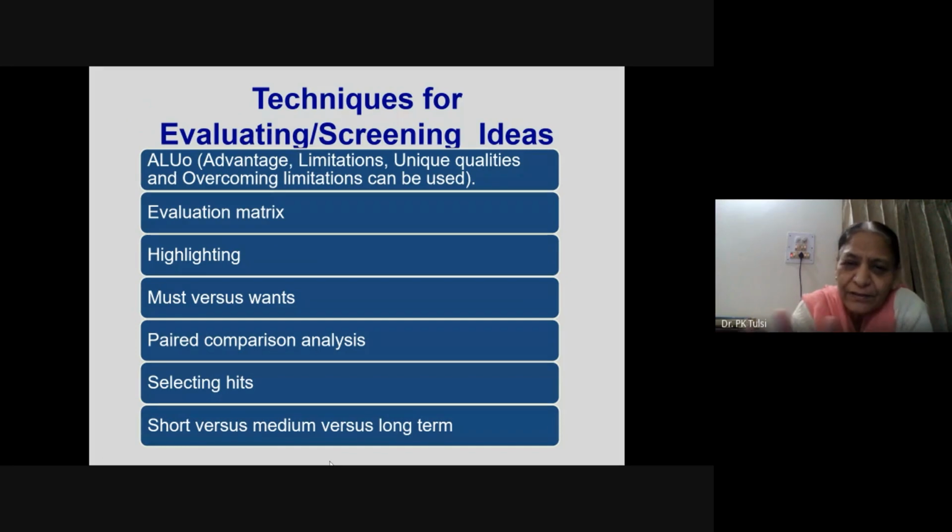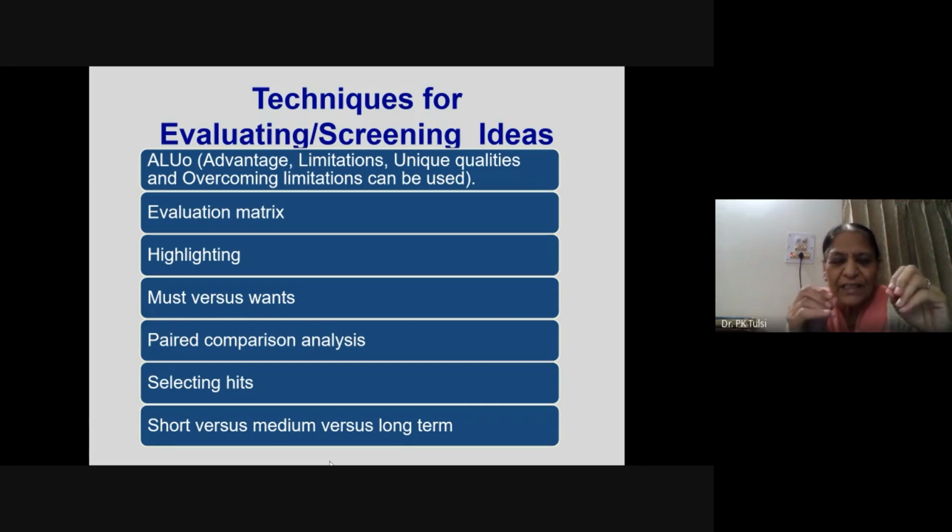Once the ideas are generated, then some of the techniques which can be used to evaluate the ideas. So one is ALUO. This is a technique which is referred to as advantage, limitations, unique qualities, overcoming limitations.